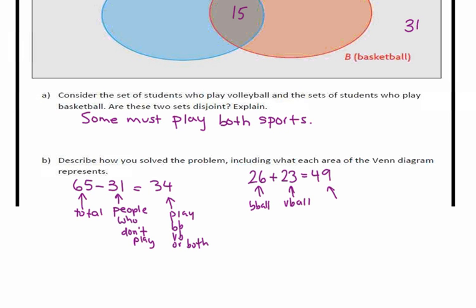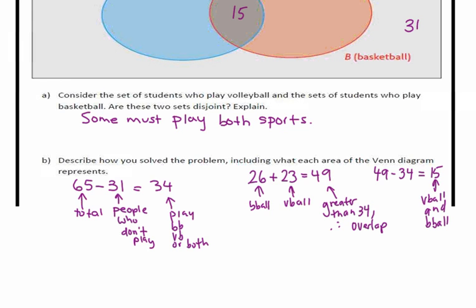Because that was greater than 34, there had to be overlap, players who play both. And all we had to do to get the players who play both was the 49 minus the actual total who play, which gives us 15. So this is volleyball and basketball.